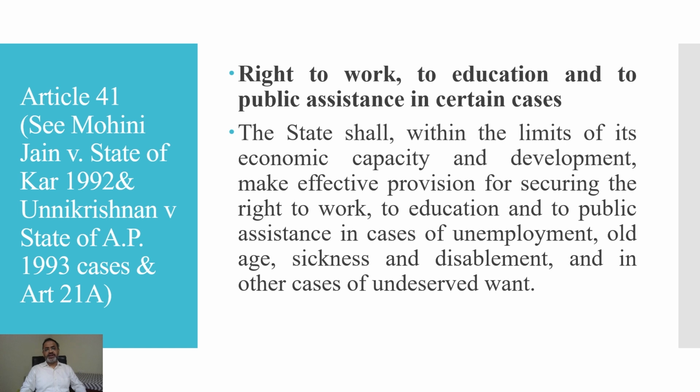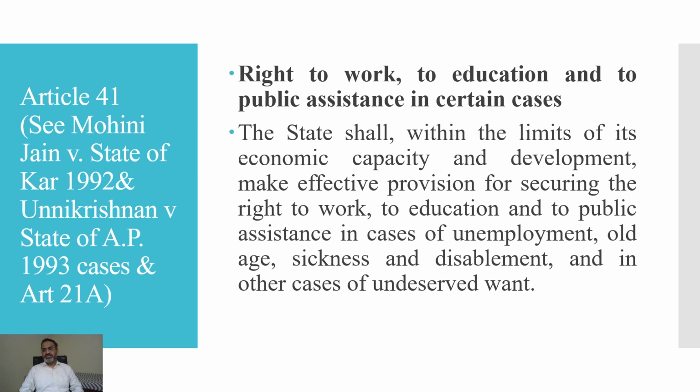Subsequently, in the year 1993, the Supreme Court in Unnikrishnan versus State of Andhra Pradesh restricted the ambit of the right to education as encapsulated by the Supreme Court in Mohini Jain, and the court in this case said that the right to education only up to primary education can be a fundamental right.